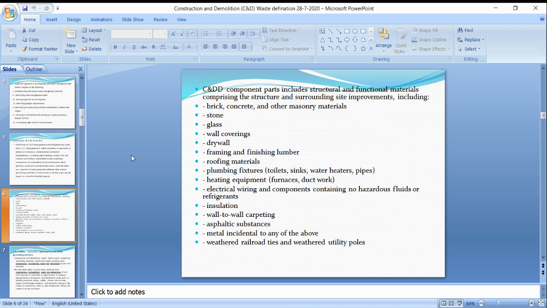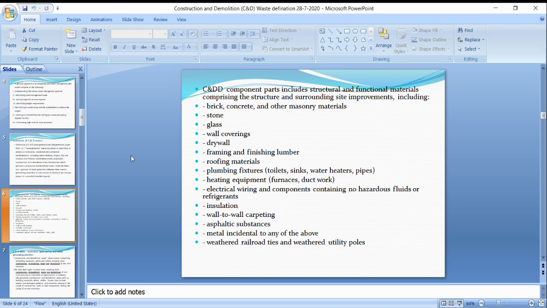Then wall coverings, dry wall framing and finishing lumber, roofing materials, plumbing fixtures. We will have plumbing also in the construction. Examples are toilets, sinks, and water heater pipes; all those are plumbing fixtures. Heating equipment is nothing but the furnace, duct work.